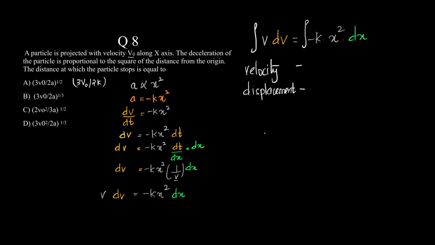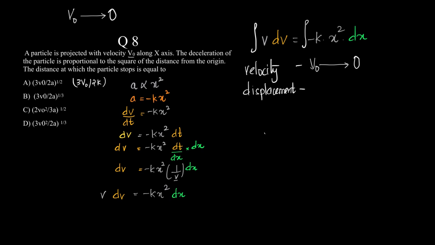Now, when the particle is projected with velocity v0 and it is decelerating, we know that at some point of time the deceleration will cause the velocity to become 0, which means the initial value of velocity will be v0, and it will eventually reach 0.